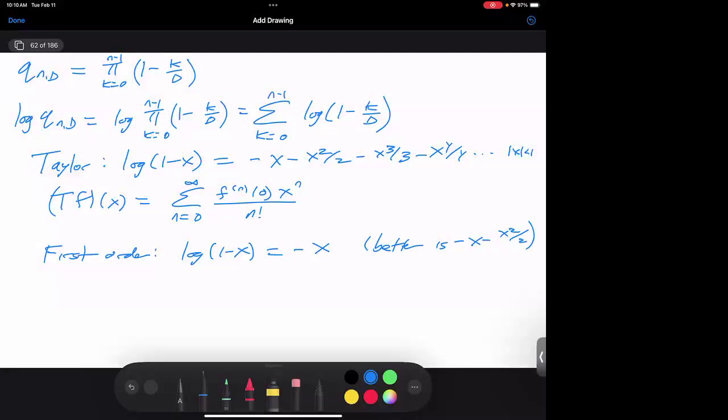For those of you who are physicists or taking physics classes, you often do these series expansions, and you can try to see how much of a difference it makes to keep those extra terms. So right now, we would get the log of Q_n^D equal to the sum k goes from 0 to n minus 1 of negative k over d.